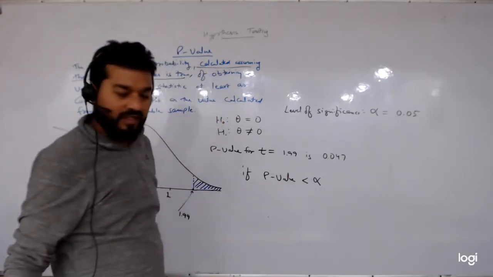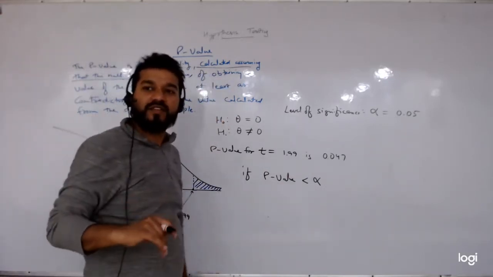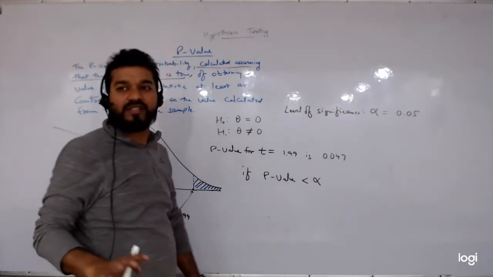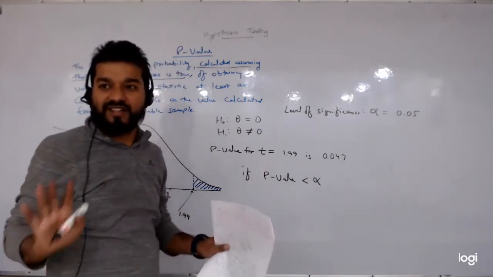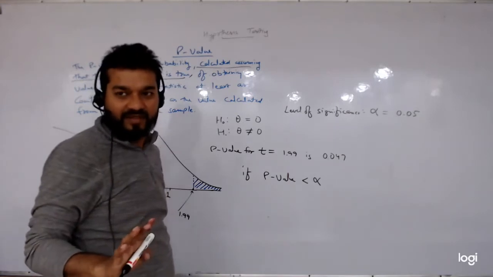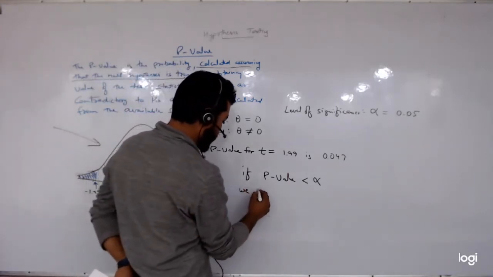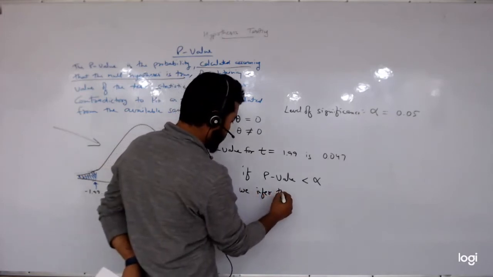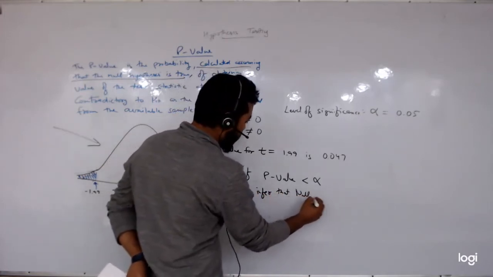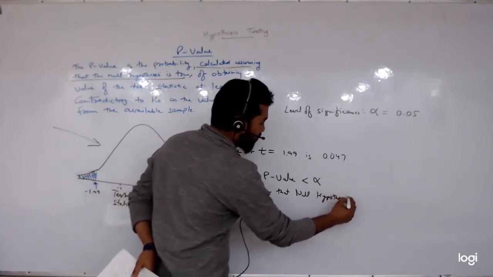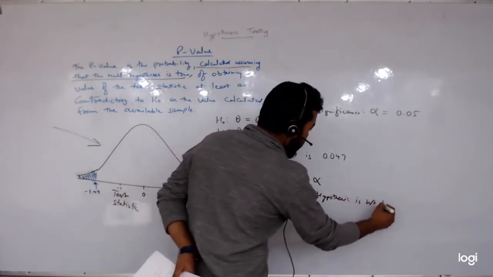You should say we have gathered enough evidence to infer that the null hypothesis is not true. This is the technically correct language of saying it.